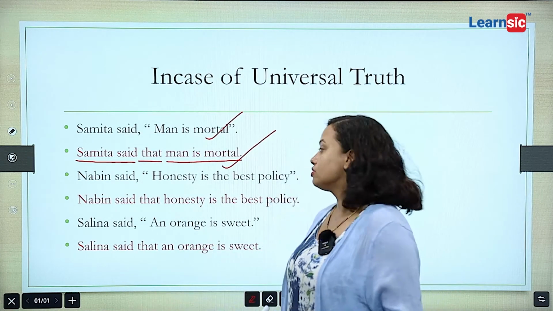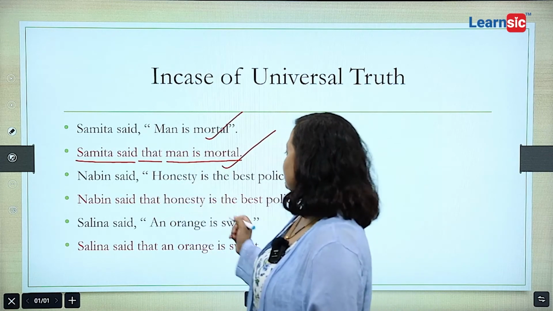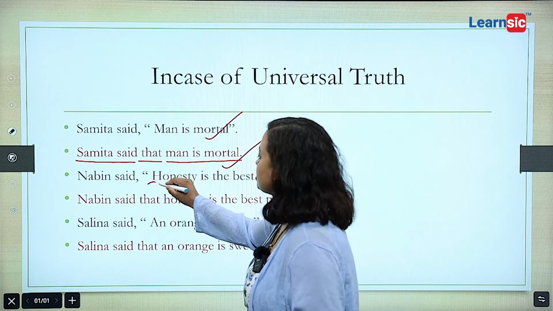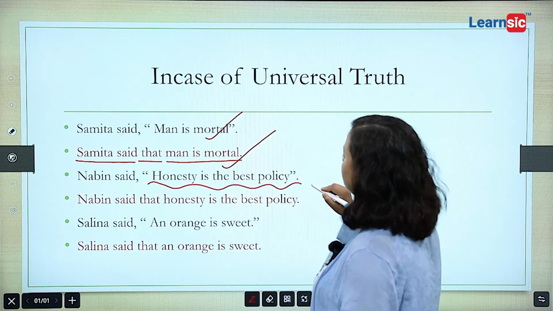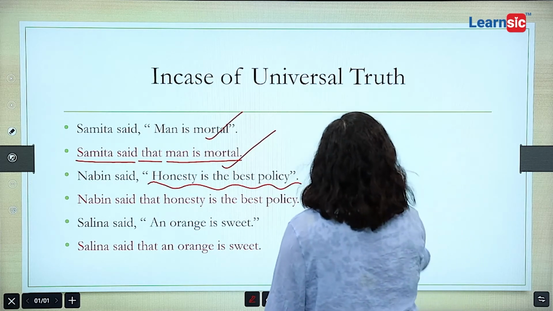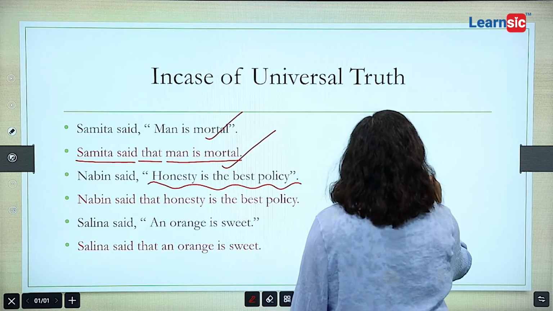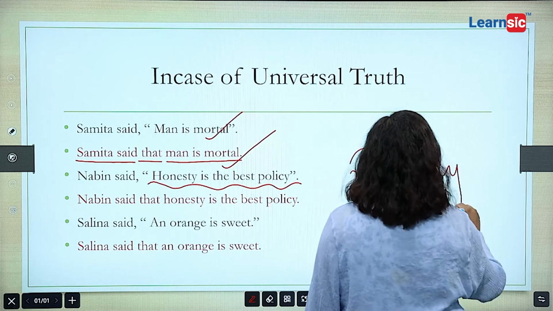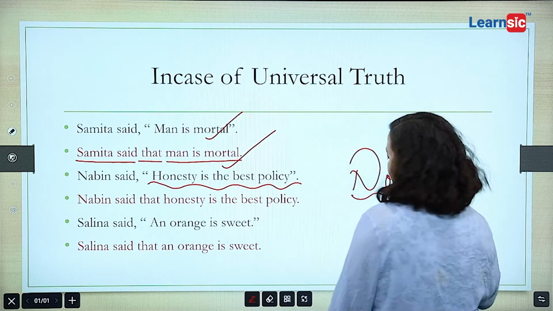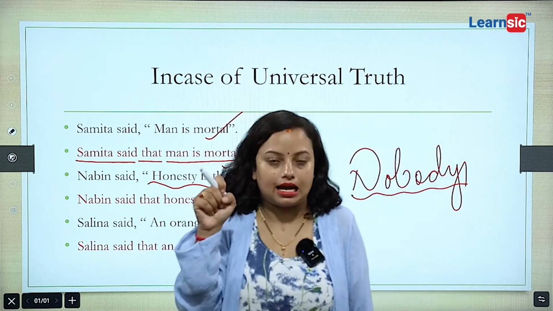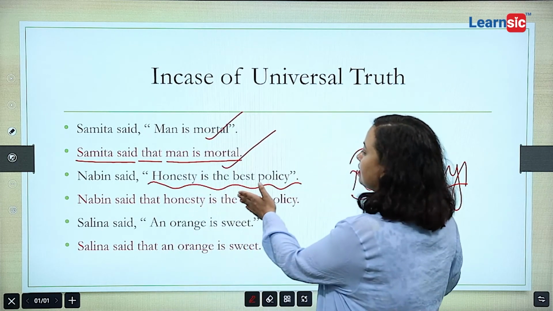Yes or not? So Navin said honesty is the best policy. Nobody can deny that. All right, everybody has to accept that because it's a universal truth.